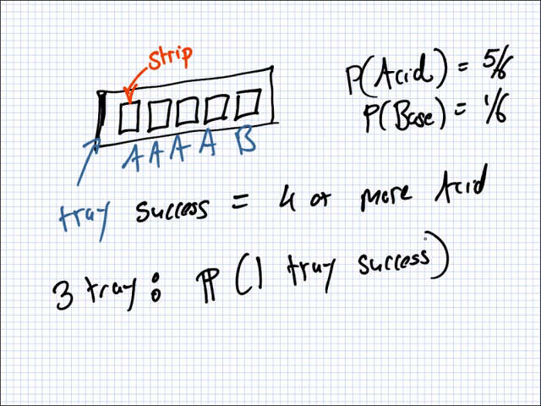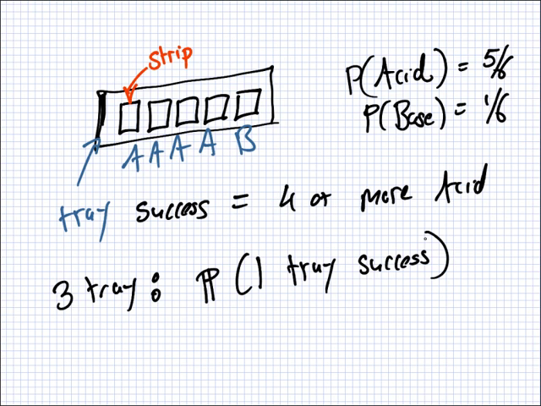You have a tray, it has 5 strips of paper on it. You consider the tray successful if you get at least 4 of those strips of paper to turn to an acid. You have 3 of these trays, and you want to know what's the probability that you get exactly 1 of these 3 to be a success.